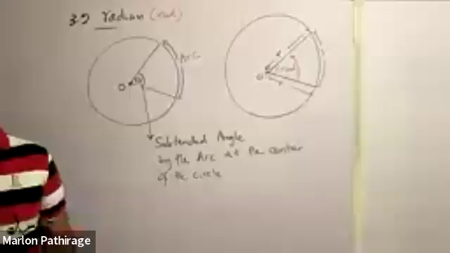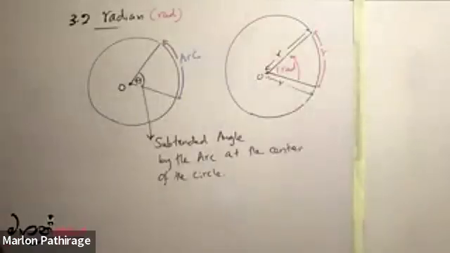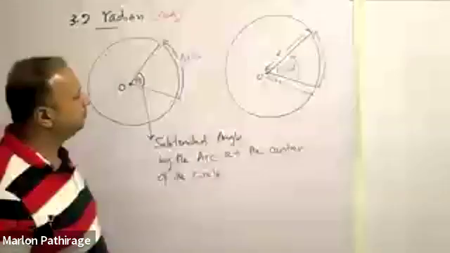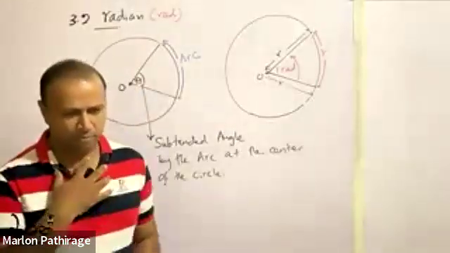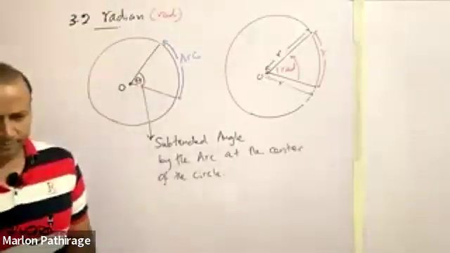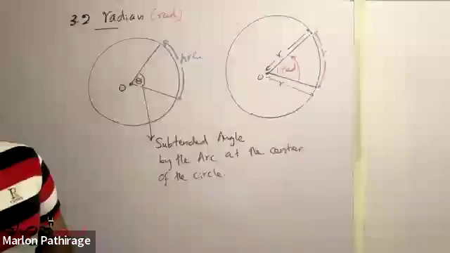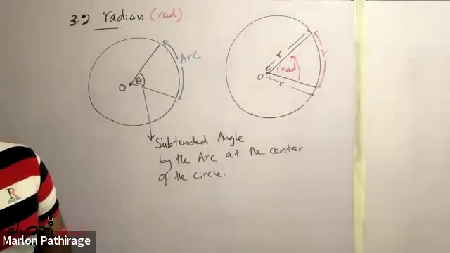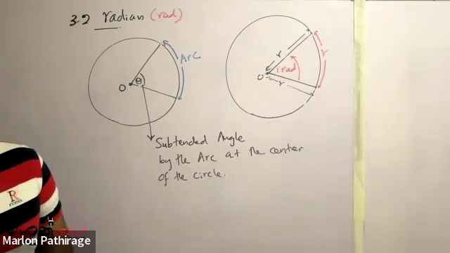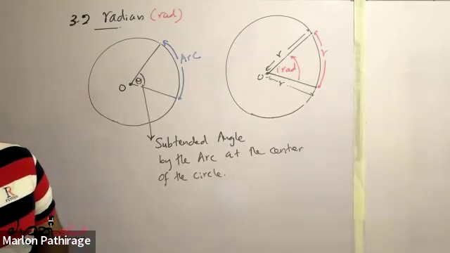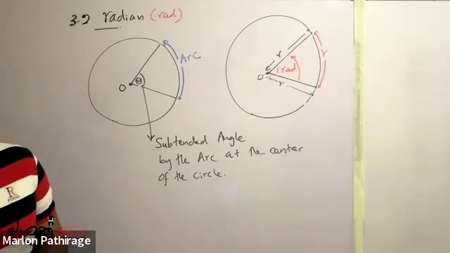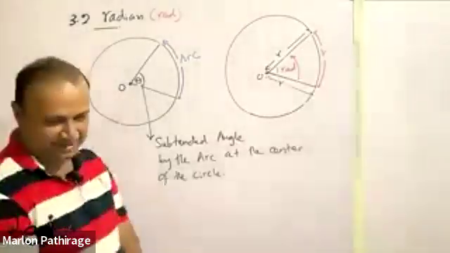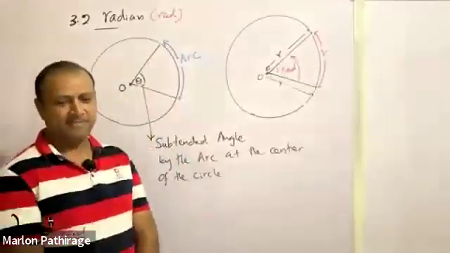Okay, they write under this. The subtended angle by an arc.